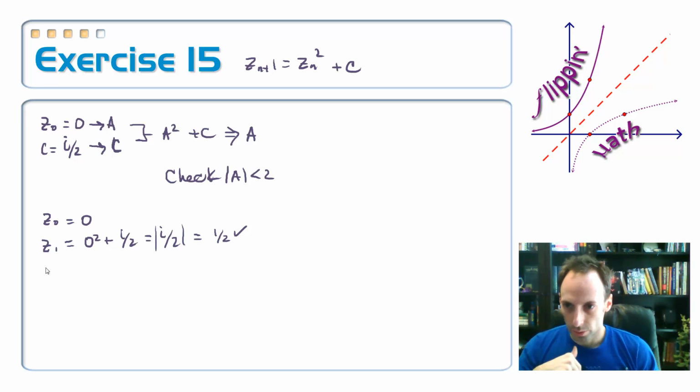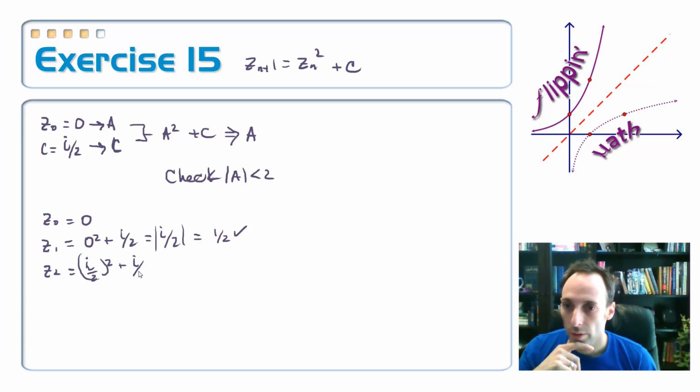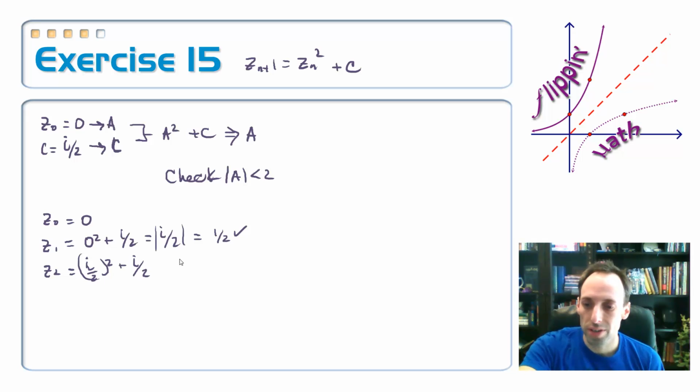Okay, so z sub 2 then, I take the i over 2 and plug it in. i over 2 squared plus the original i over 2 and work this thing out. And this is what I'm saying, you'd have to do this over and over again, so we're going to pull up the calculator, set it up so that it can help us do that.